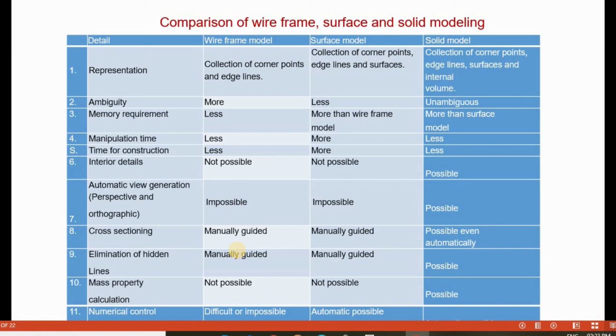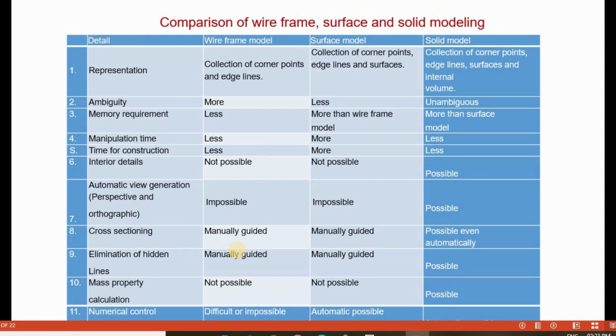In the point of representation, the wireframe model is a collection of corner points and edge lines only. In the surface model, a collection of corner points, edge lines, and surfaces. It includes surfaces also. In the solid model, a collection of corner points, edge lines, surfaces, and internal volume, everything included in solid modeling. In ambiguity, there is more ambiguity in the wireframe model, less ambiguity in the surface model.